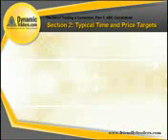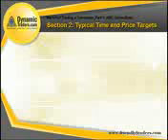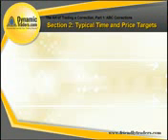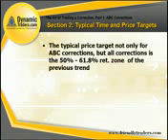Okay, now that we have learned and seen examples of the typical characteristics of trends and countertrends, let's look at the subject of Section 2, typical time and price targets for corrections. The typical price target, not only for ABC corrections but all corrections, is the 50 to 61.8% retracement zone of the previous trend.